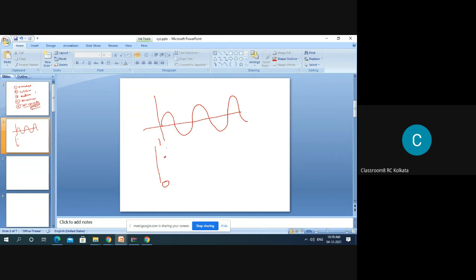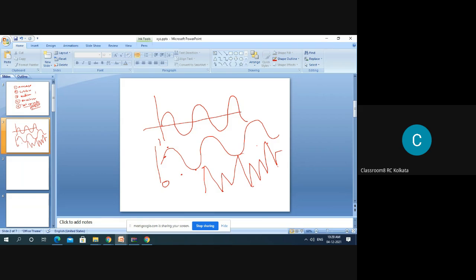Very low quality signal means near about 0. So if the signal is like this form, near to 0, at this point the signal is not very good, but at this point the signal is very high quality.